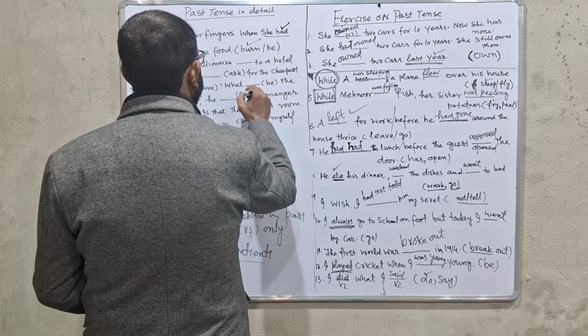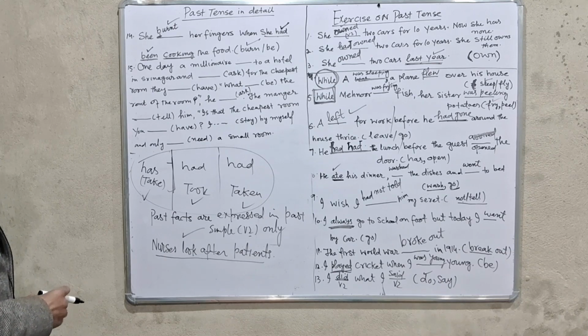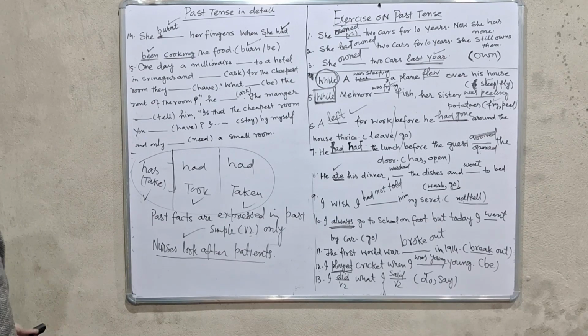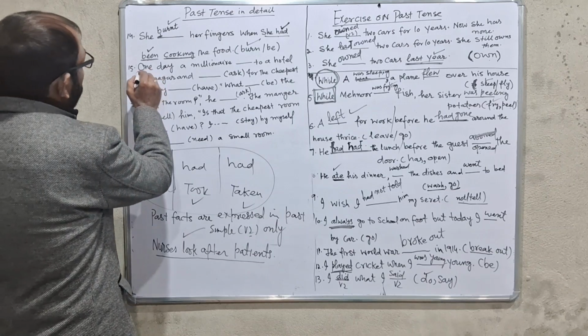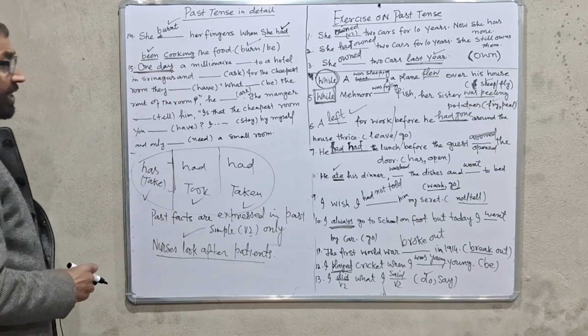Here the verb is ask. The manager dash him: is that the cheapest room you dash have? I dash stay by myself and only dash need a small room. Now the first word confirms which tense form is to be used.